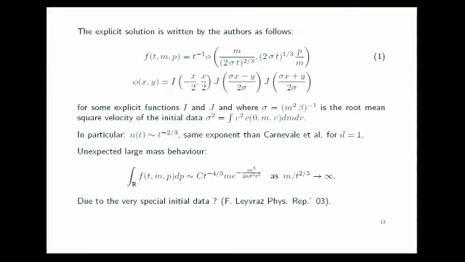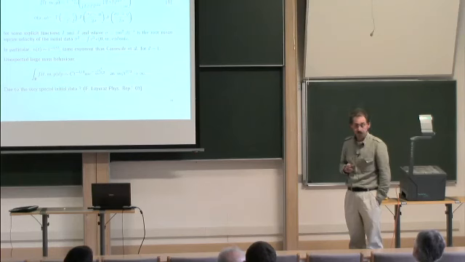It decays extremely fast at infinity, and Levras suggests that this can be due to the very special initial data considered by the authors. But that's an explicit, exact solution of the problem.